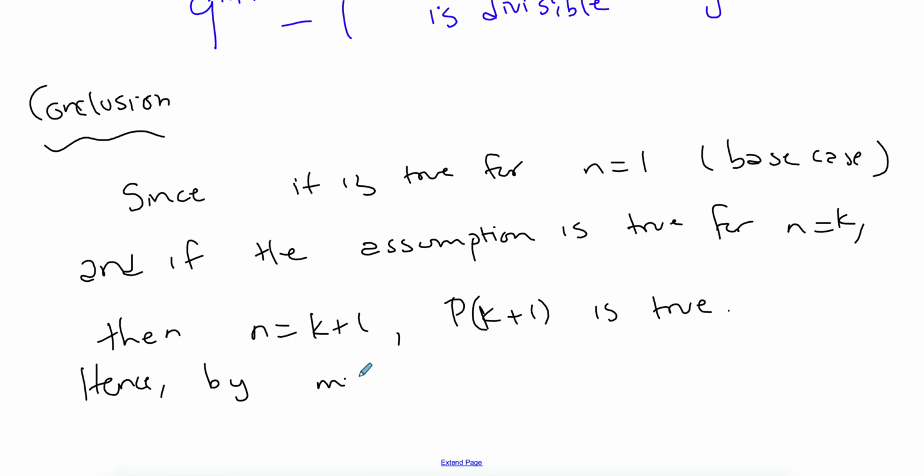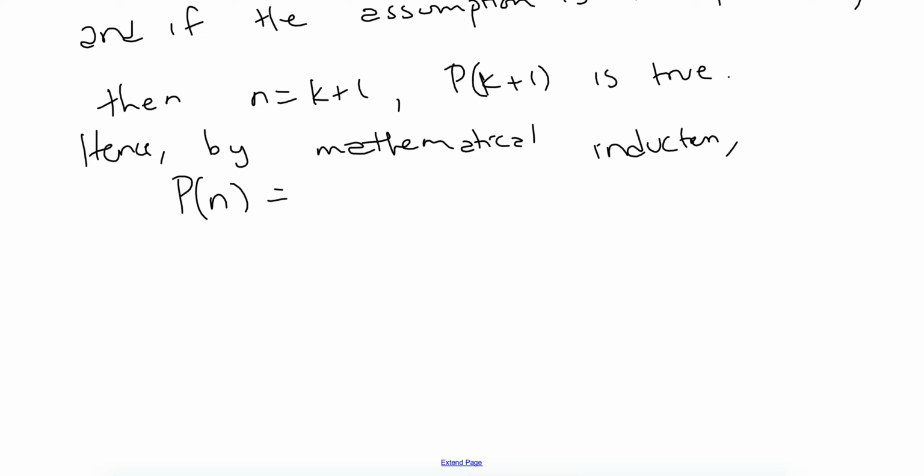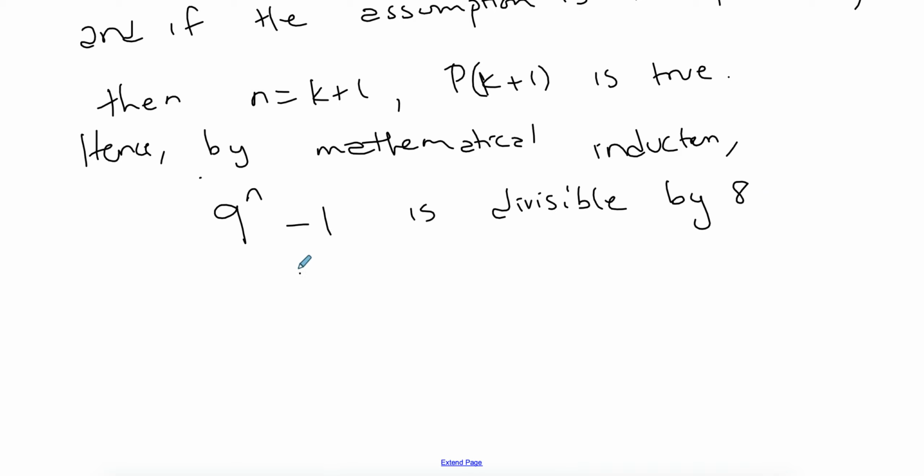Hence, by mathematical induction, Pn, or you can write the full statement, so 9^n minus 1 is divisible by 8 for all n in the natural numbers.